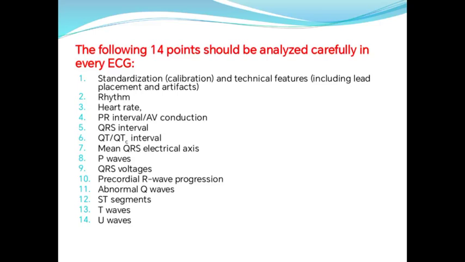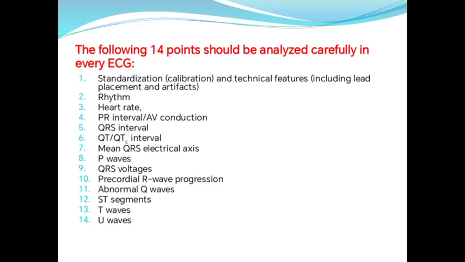This is why I focused on the ECG paper, the small square and the big square, what they represent, and how we calibrate and standardize our ECG. Okay, what does that mean? That means the caliber of the ECG; I will tell you how it will be by seeing an ECG.